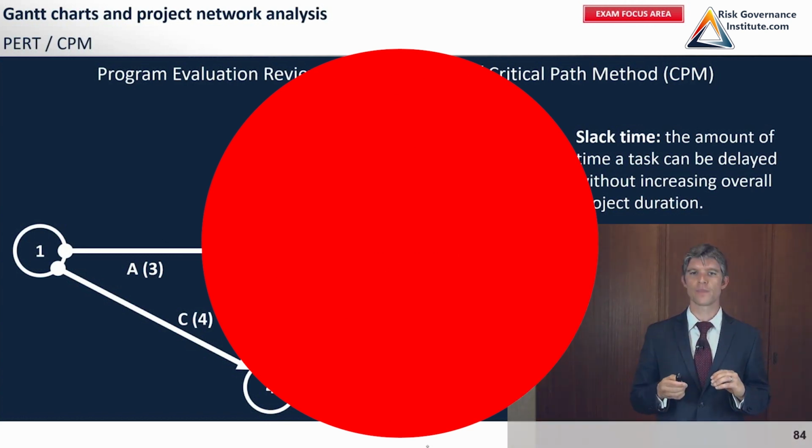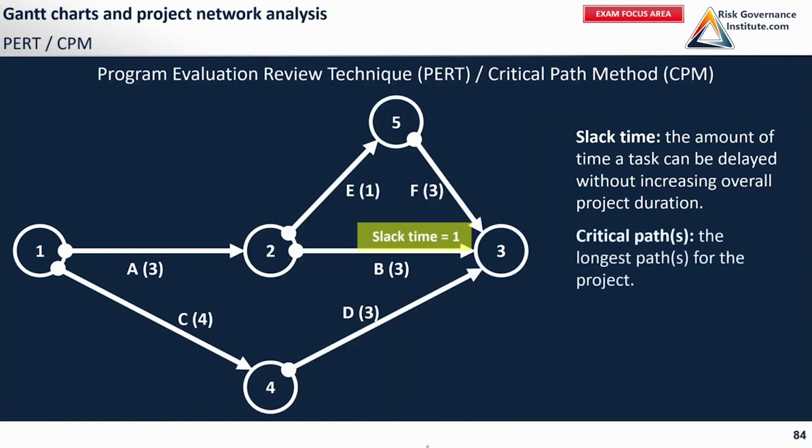I'm going to introduce the idea of critical path. And again, I'm going to make you look for it. The critical path is the longest path for the project. And indeed, this is before slack time. We're not adding slack time yet. I'd like to make you look for the critical path, the longest path for this particular project. Would you be able to tell me where that is? Indeed, for this particular project, there are 2 critical paths.